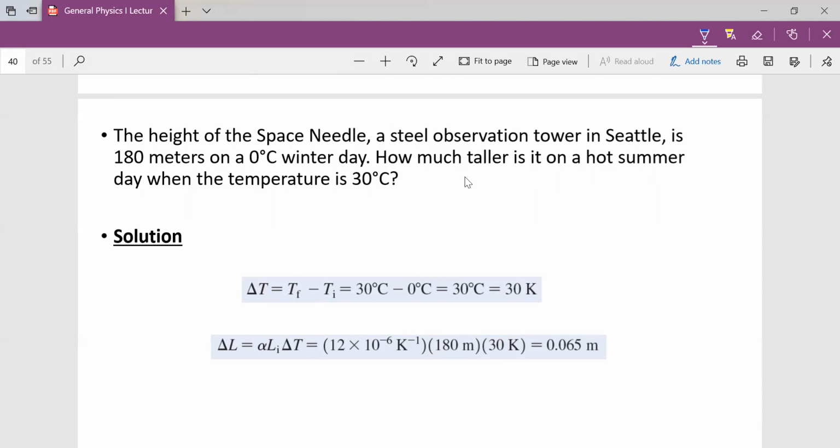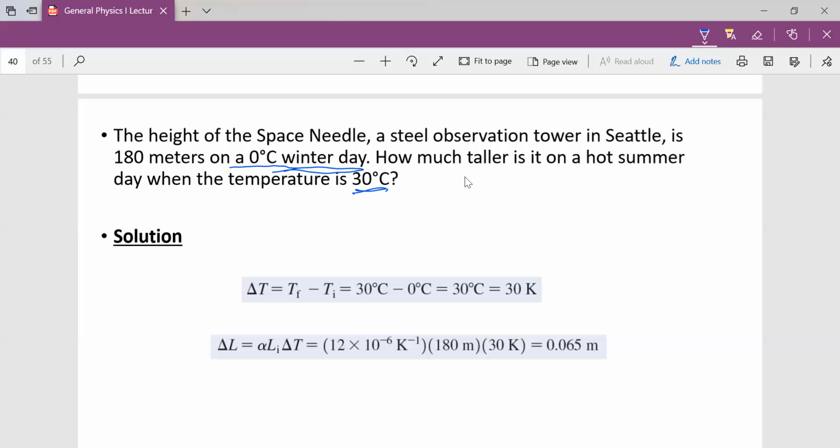So we have the height of a Space Needle, a steel observation tower in Seattle, is 180 meters on a 0°C winter day. How much taller is it on a hot summer day when the temperature is 30°C?